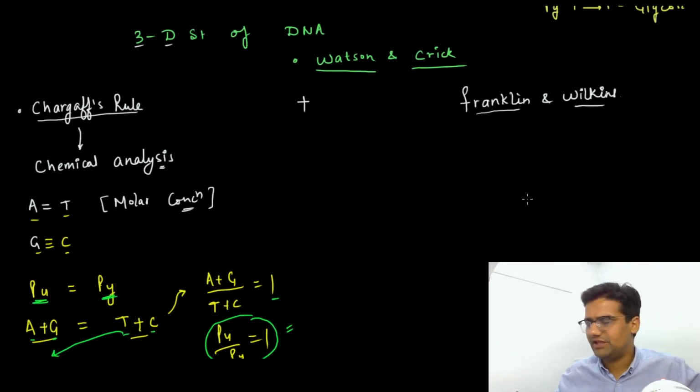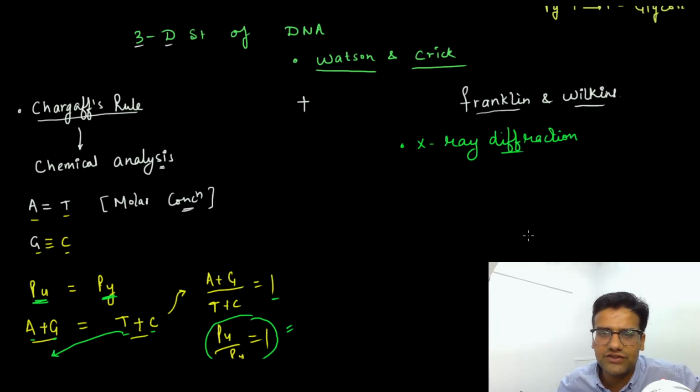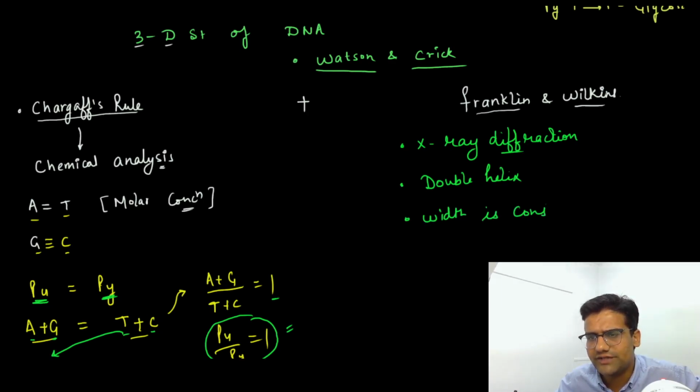Next is the Franklin and Wilkins structure. They studied DNA with the X-ray diffraction technique, using it to solve the structure of DNA, and observed that DNA is basically a double helix and its width is constant.